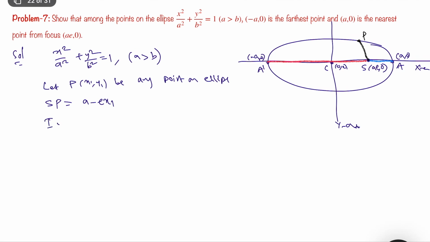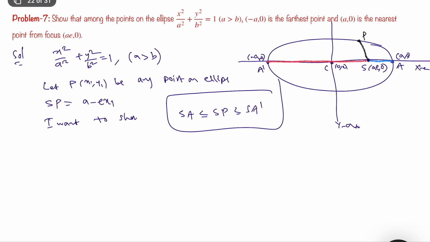I want to show that SA is less than or equal to SP is less than or equal to SA dash. Then we can say that A is the point on the ellipse which has the smallest focal distance and A dash is the point on the ellipse which has the largest focal distance.